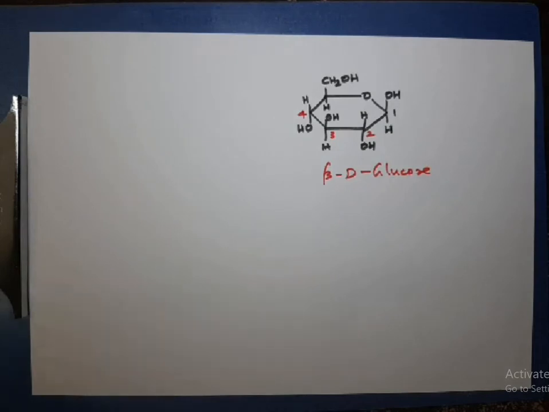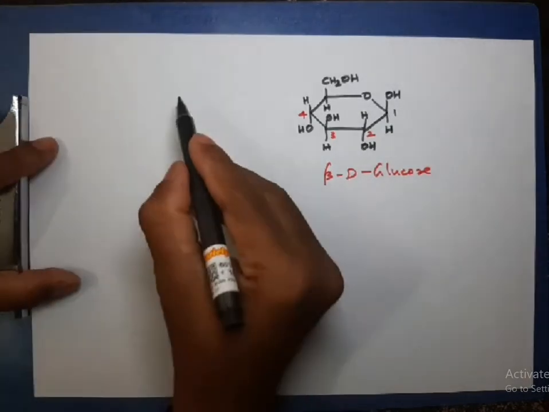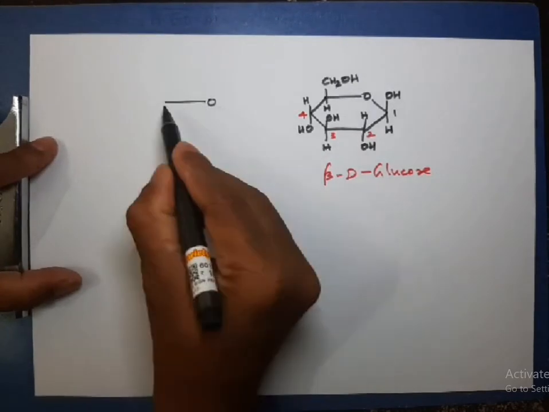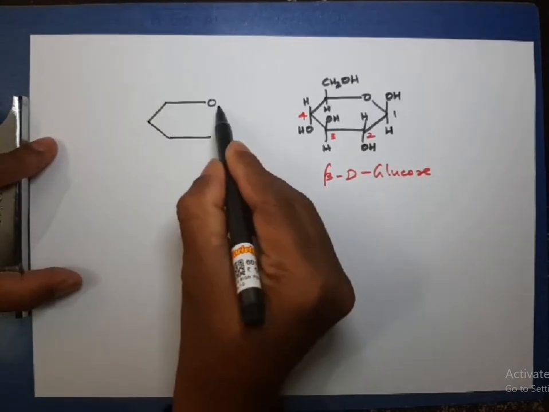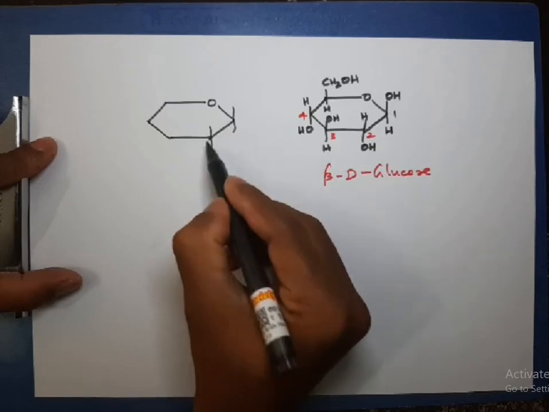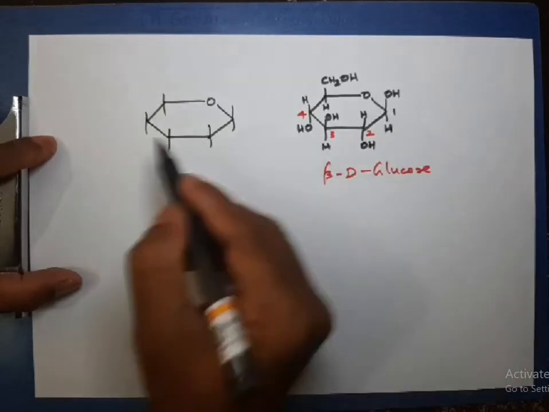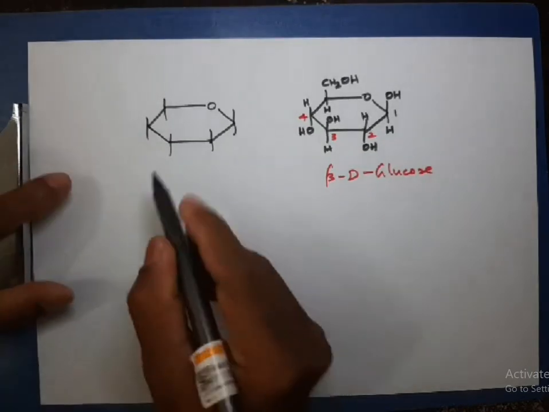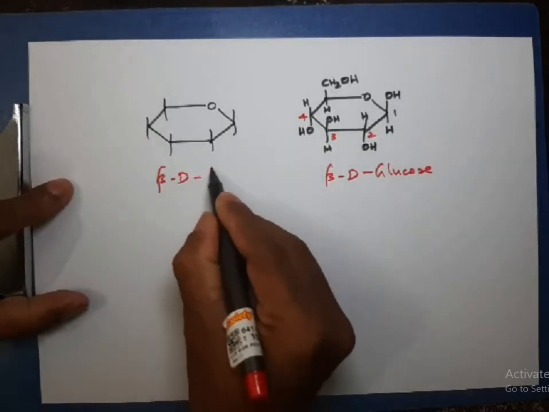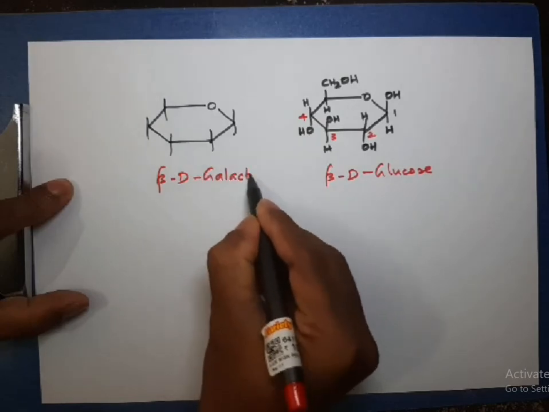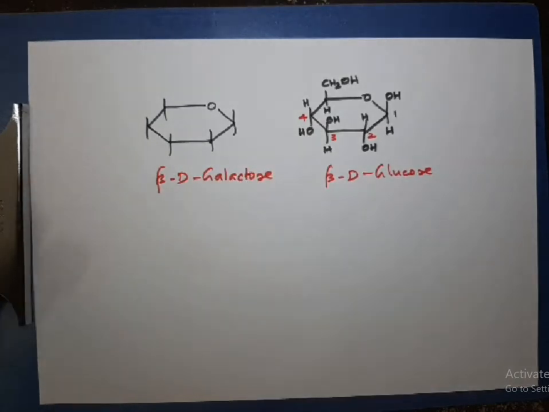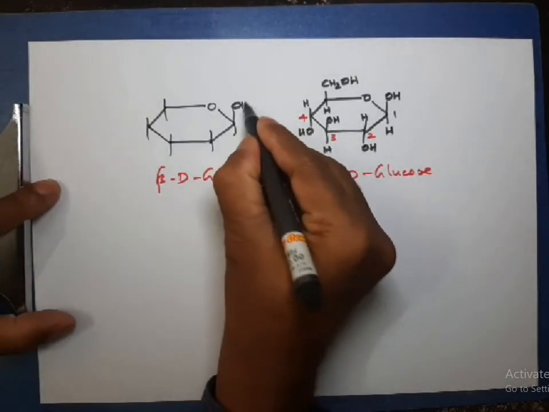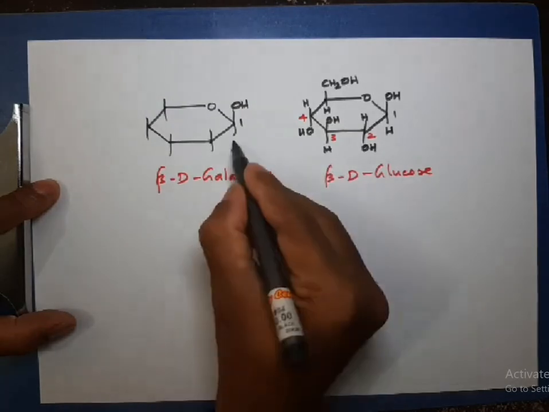Now I'll draw beta D galactose. I have told you glucose and galactose are C4 epimers, so I'm going to keep this beta D structure as such. This is beta D galactose. Since it is beta, we should keep the OH group up in carbon number 1, hydrogen down.